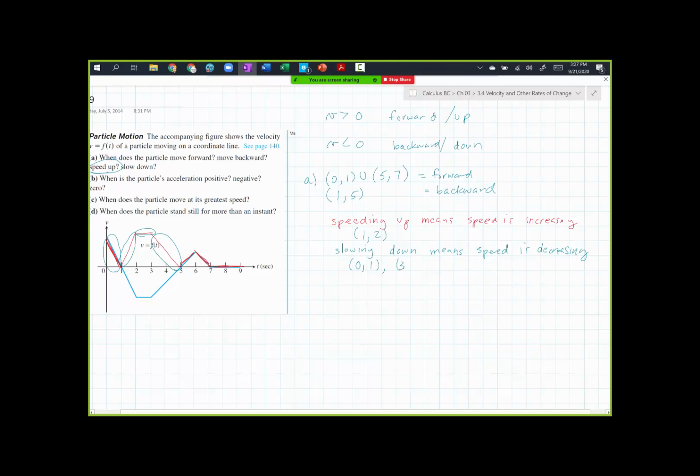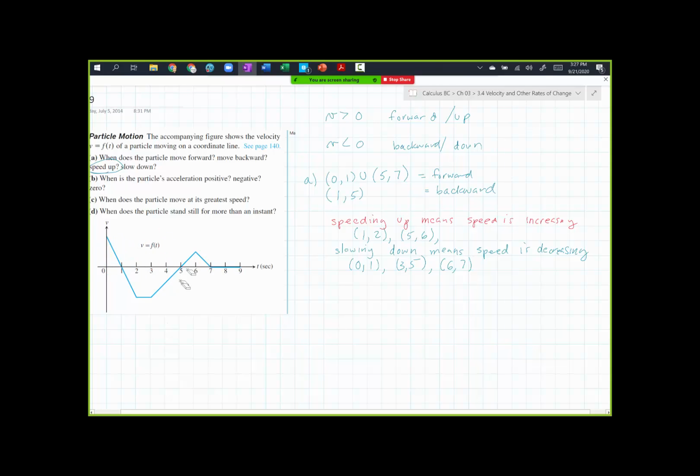From 5 to 6, it's speeding up. And from 6 to 7, it's slowing down again. So that's one way to do that problem. Speeding up means speed is increasing, and we have to look at the speed curve.